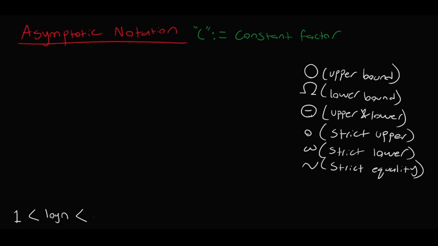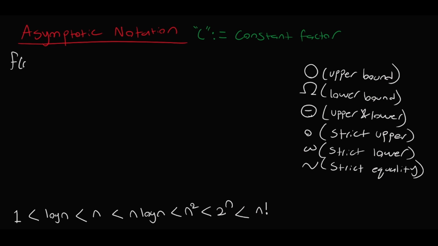Then this is smaller than n, so linear time, which is smaller than n log n, which is smaller than n squared, which is smaller than 2 to the n, or some constant number raised to the n. When n is the exponent, it is larger than n as a base. And that is smaller than n factorial.